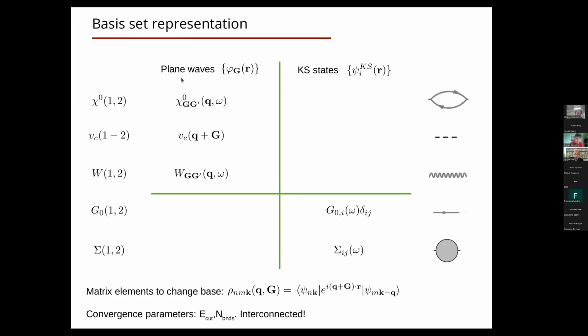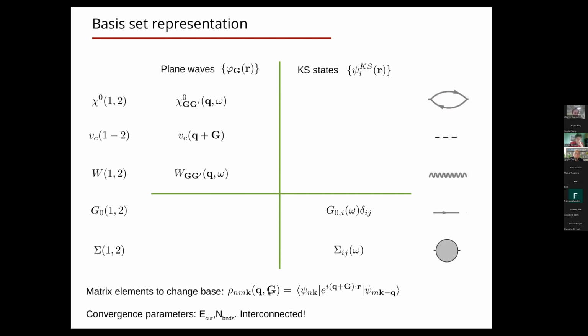In this case, Yambo computes in plane waves the screening, while the one-particle Green function and the self-energy are in the basis of Kohn-Sham states. And this is because the Kohn-Sham Green function is diagonal in the basis of Kohn-Sham states, and also the self-energy we are going to consider diagonal, even if this is an approximation. Of course, we have these quantities here, which can be computationally demanding to compute, that pass from one Hilbert space to the other.